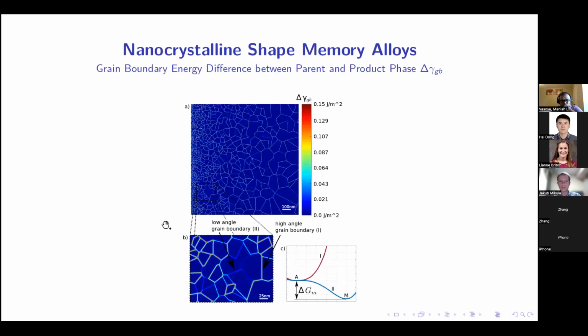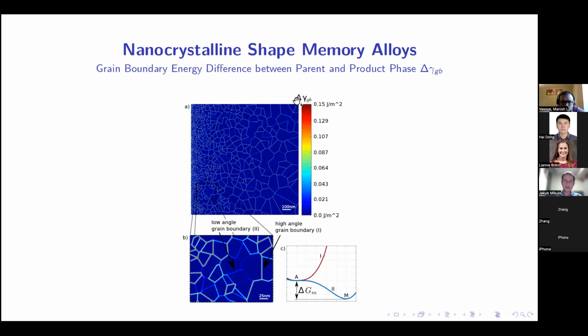So here I have an illustration of how we incorporate this extra grain boundary energy term into the phase field model and what it actually represents. Here I have a gradient grain size distribution where you can recognize grain boundaries. On the right side we have larger grains, on the left side smaller grains.